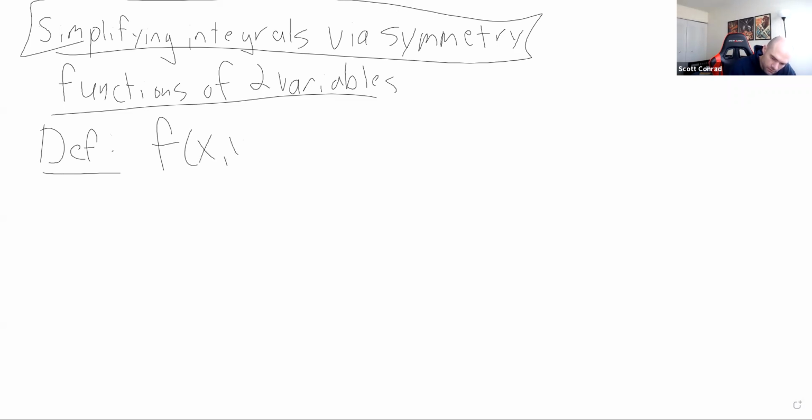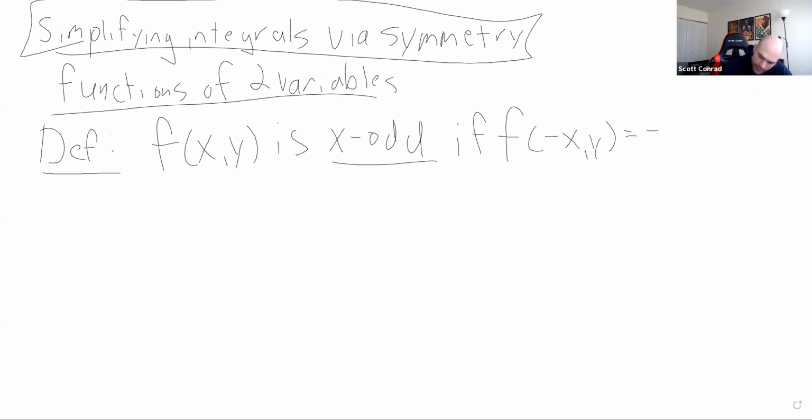We say a function of 2 variables is x odd if f of negative x, y is negative f of x, y.